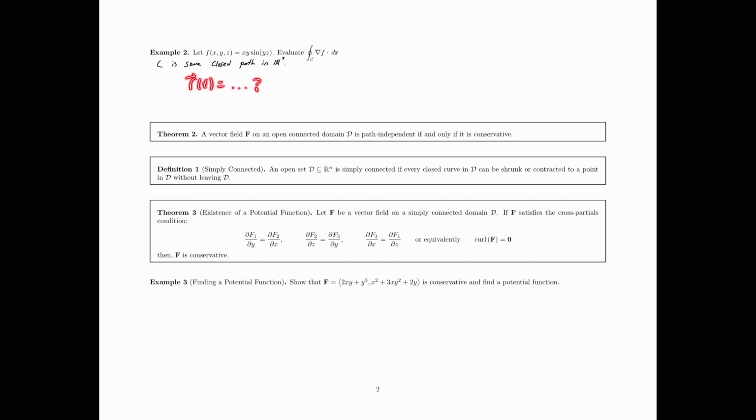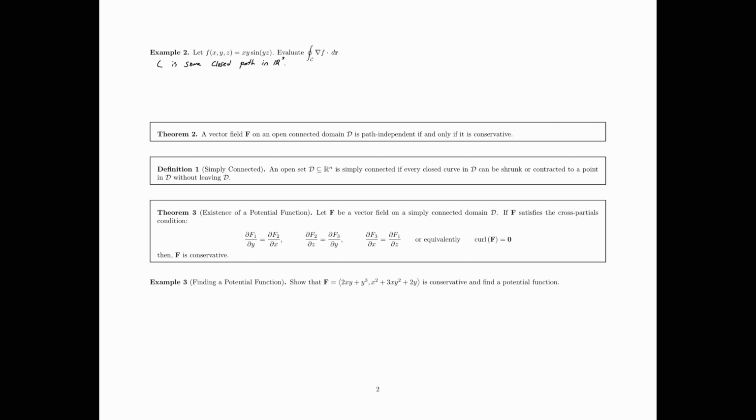So we cannot write down some r of t. So these are all clues to us that we shouldn't actually be trying to do this. So the previous example, example 1, also is in the same vein. This problem, the whole point of it is to think of the fundamental theorem for conservative vector fields.